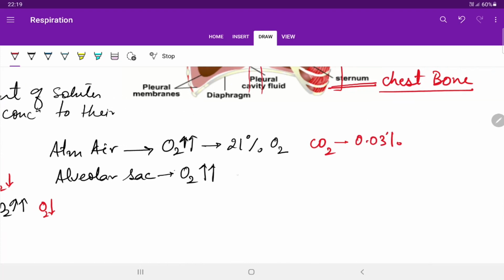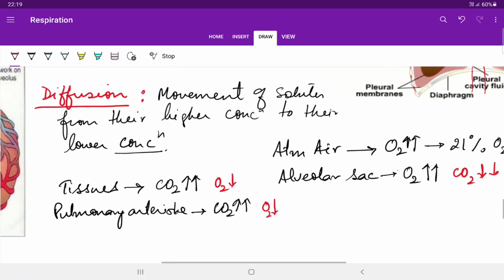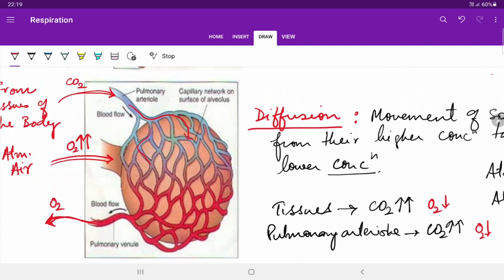So, that means in the alveolar sac the carbon dioxide concentration is very low. That is why the oxygen easily moves from the alveolar sac into the blood capillaries carrying the carbon dioxide rich blood, and thus the diffusion process takes place in the alveolar sac.